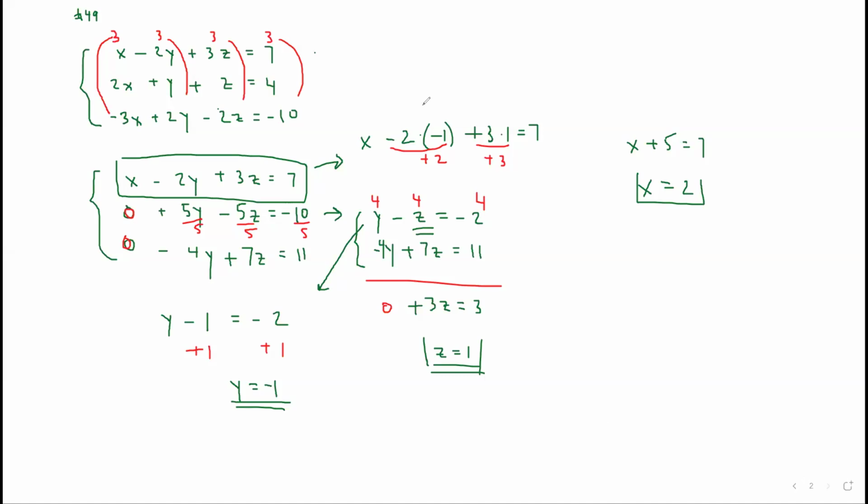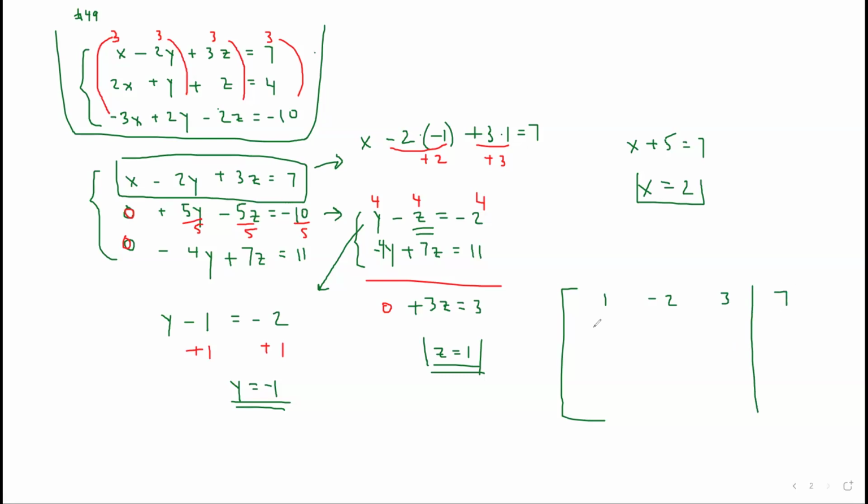So they actually asked me to write a matrix for this system. So you could write a matrix if you want to for this entire system of equations. You can put 1 minus 2, 3, and then after the bar you put 7. That's my first equation.